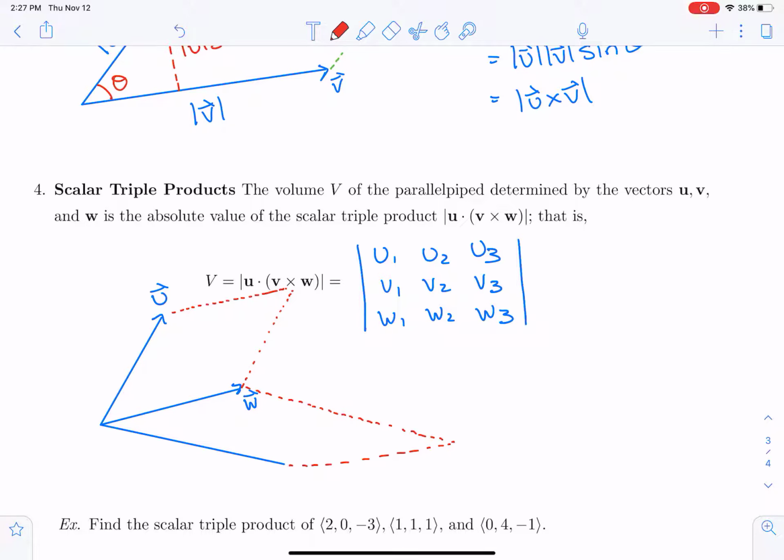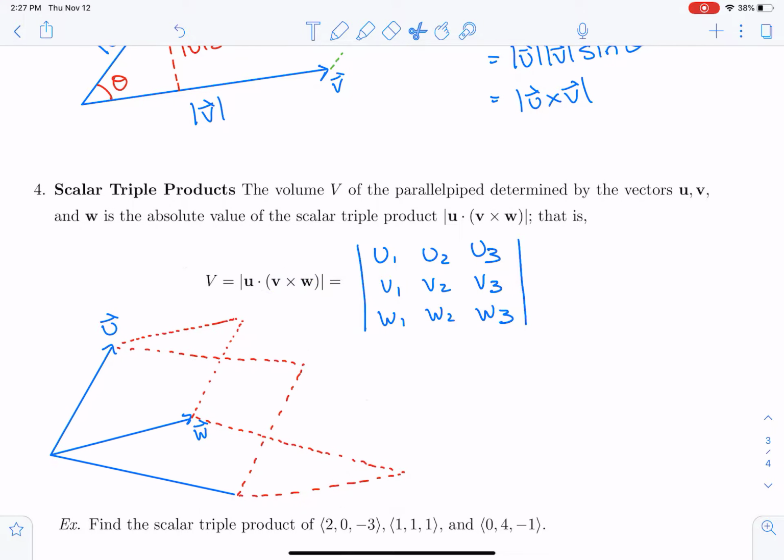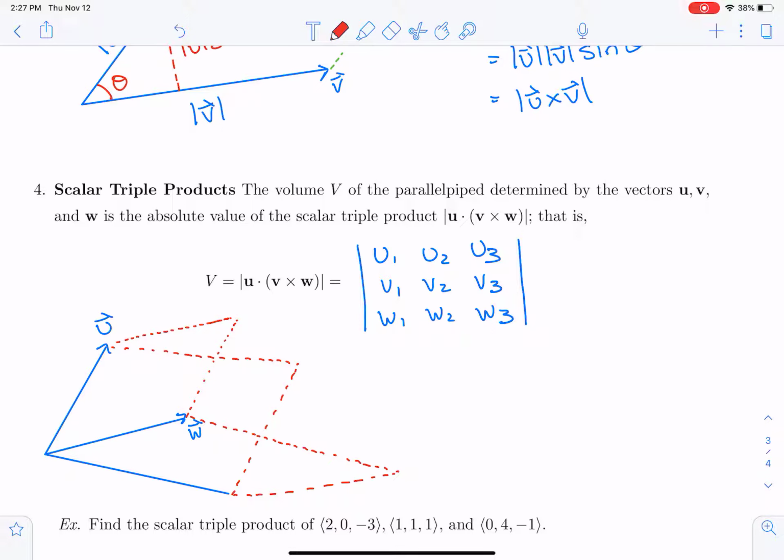Okay, and then I might need to redraw this just a little bit. So this is the parallelepiped. Okay, and that's basically a 3-dimensional version of a parallelogram. Okay, and so that's the parallelepiped that's formed by v, w, and u. And I want to find the volume of that.